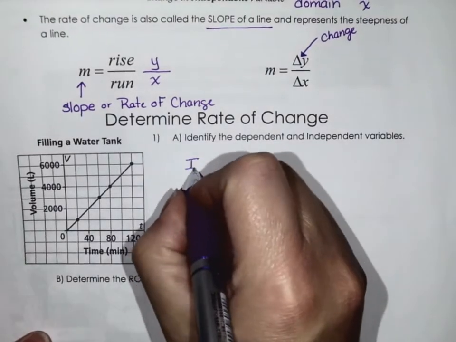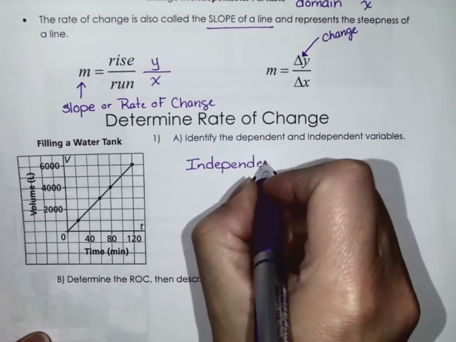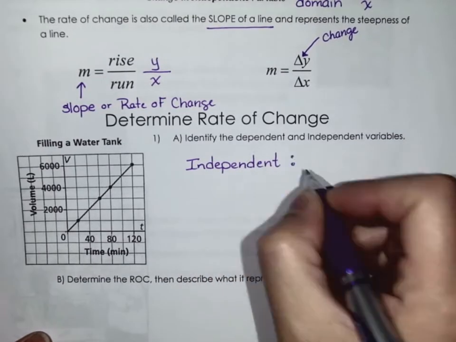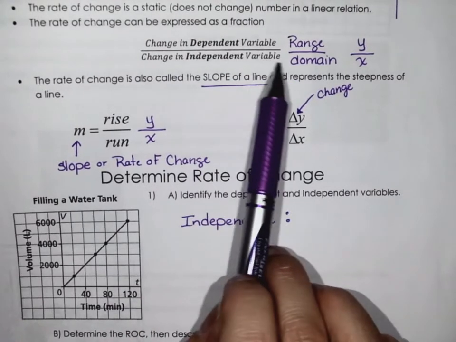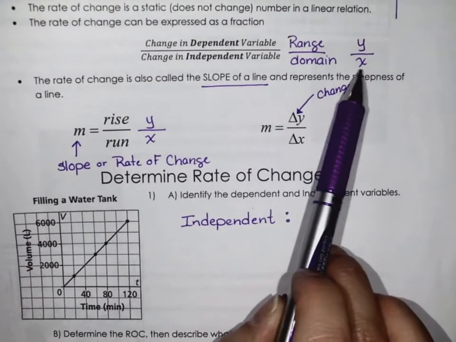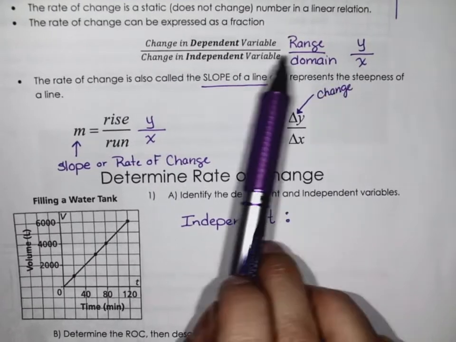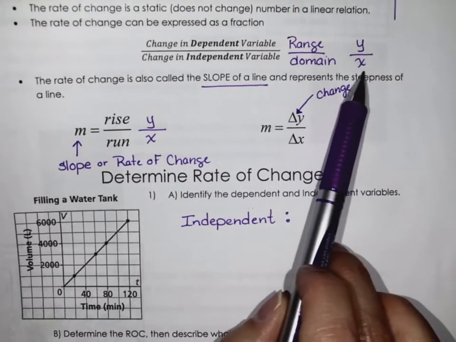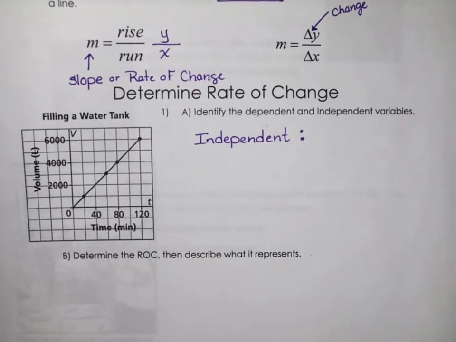So which one is the independent? Where does independent live? It's the domain or the x. So independent is the domain or the x. So looking at this graph, which one's on the x? Time. So what's our independent variable? Time, right?